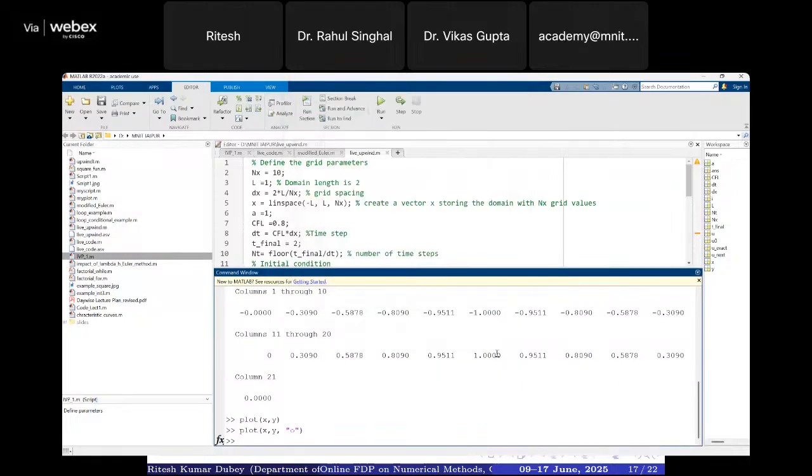So what I am doing, I am putting end minus 1.